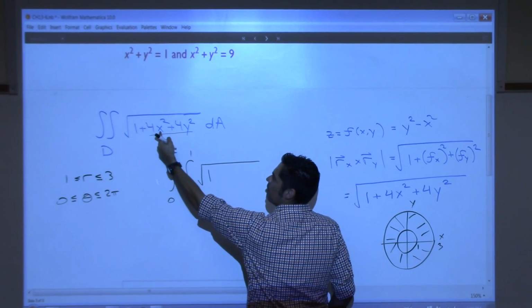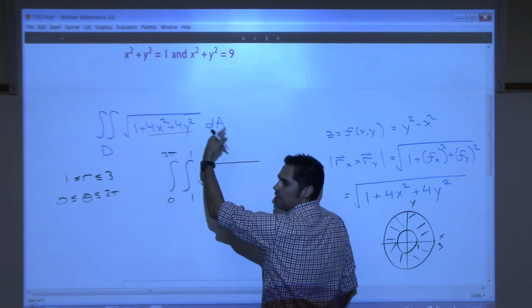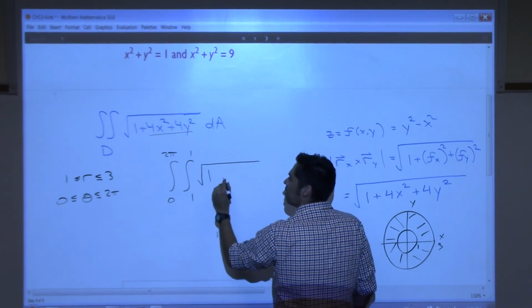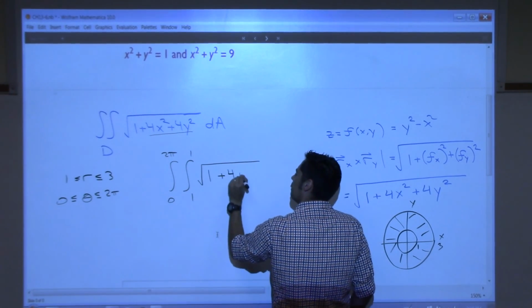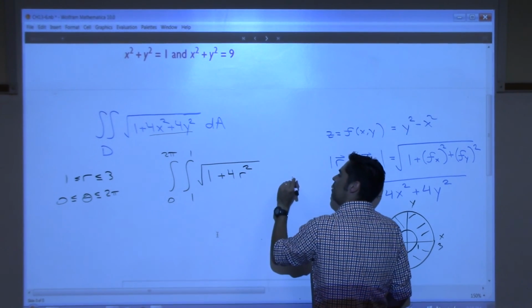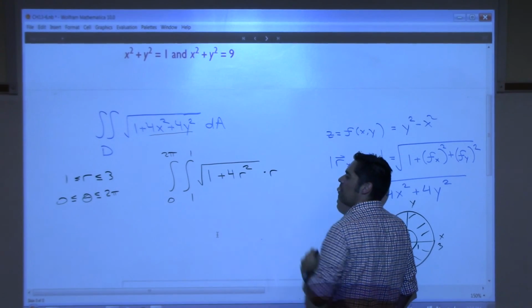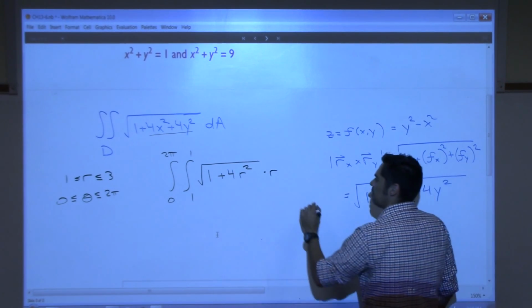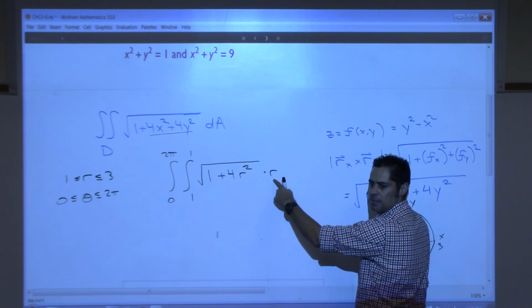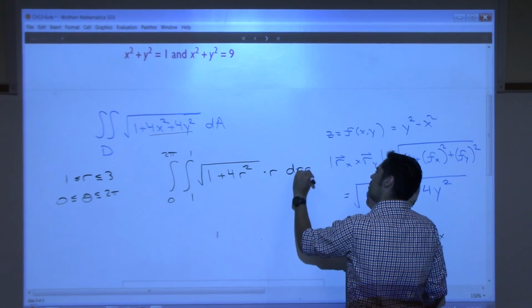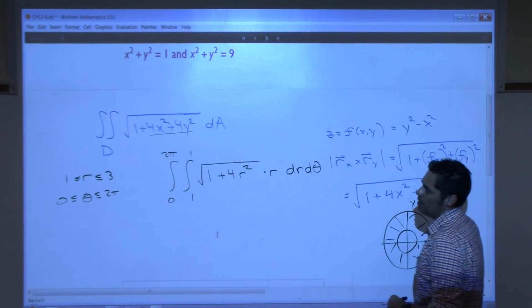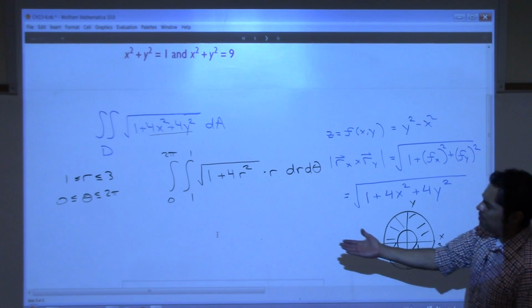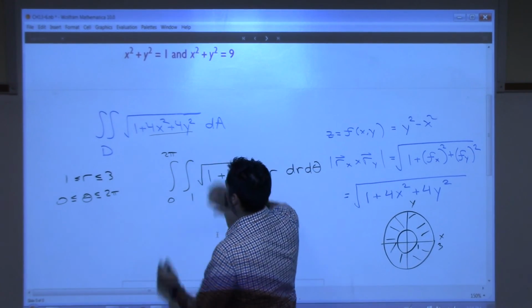You could replace that with r cosine theta, r sine theta, then do all the squaring in Pythagorean, but it's much cleaner if you just notice it. And then times r, yes, you cannot forget the mighty r that comes in every time you do polar. And that actually saves us a little bit, doesn't it? dr d theta.